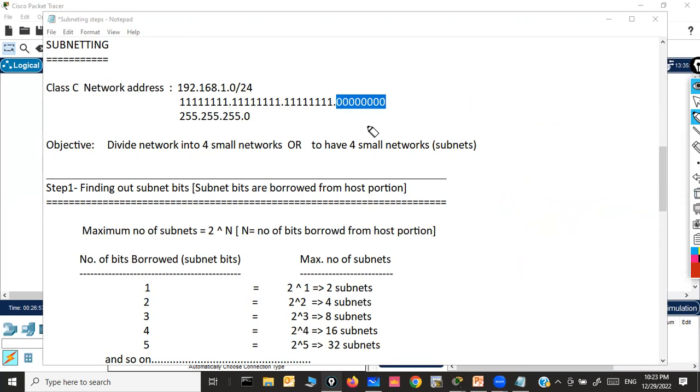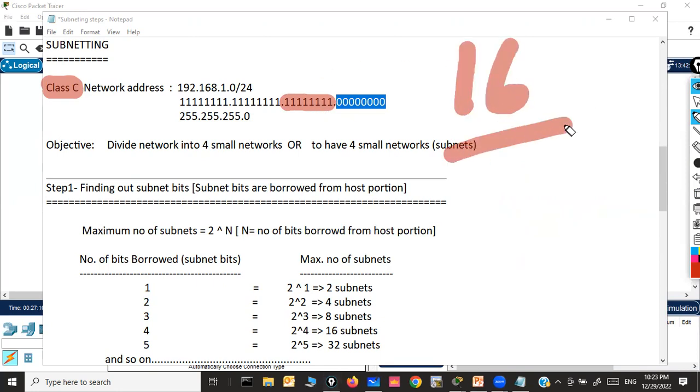It was class C, obviously. In class B, you'll see we find 16 zeros, so there is more room for subnets and more bits can be borrowed from the host portion.